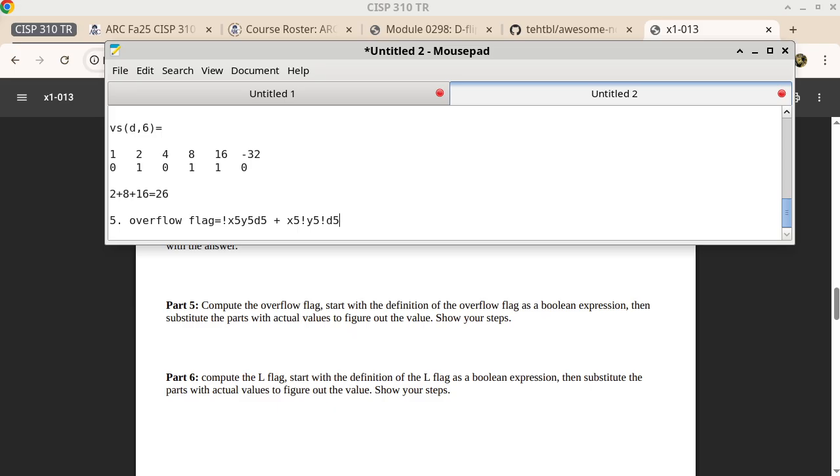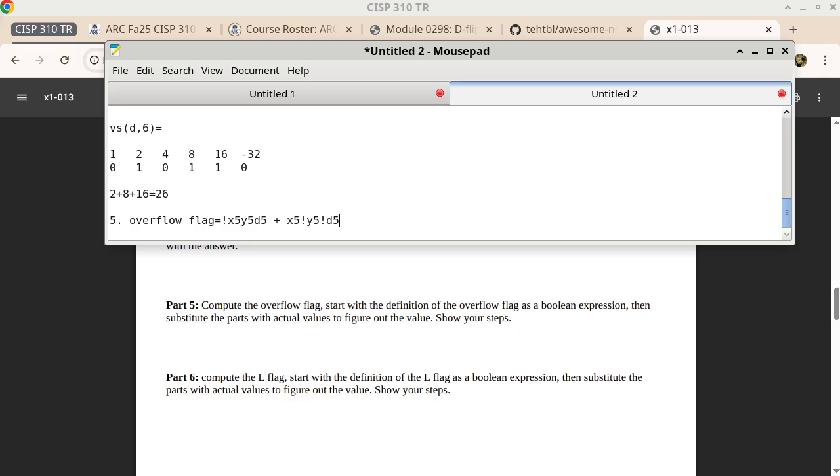What if somebody completely forgot about the overflow flag and went, oh my God, I forgot, what is it? What do you think that person could have done or should have done or probably did? Exactly.